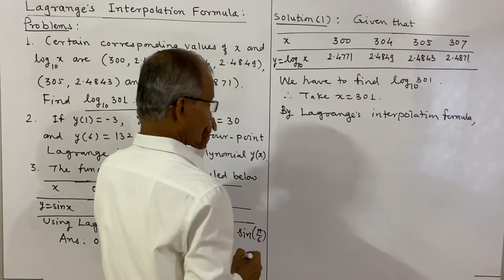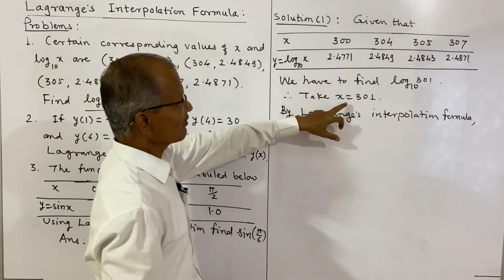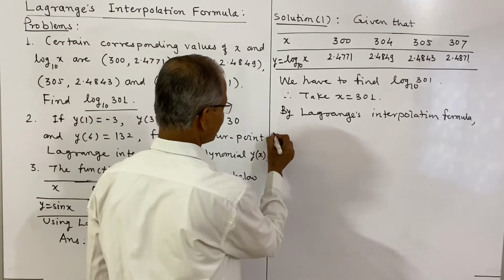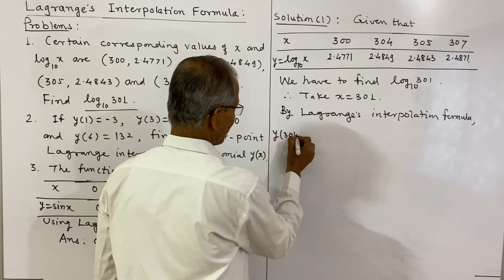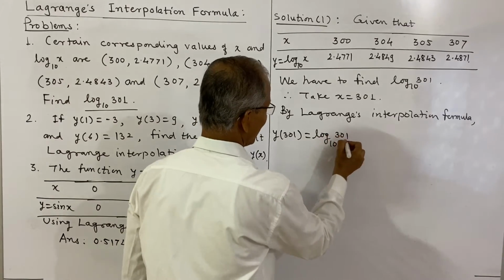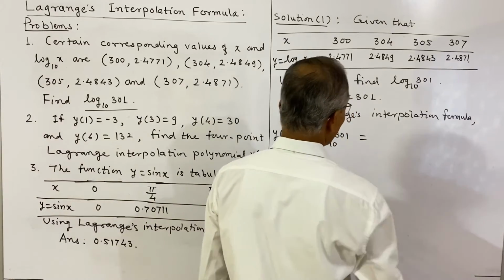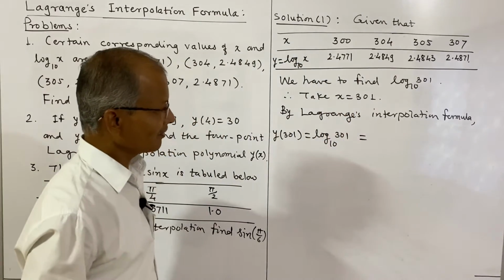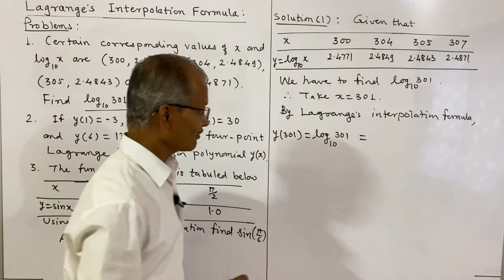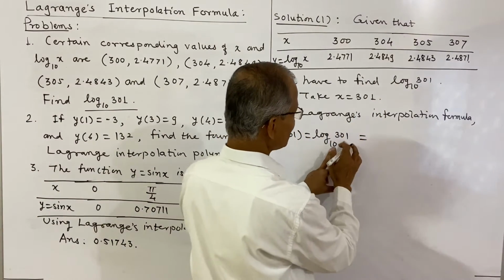So y of x, that means y of 301, or log of 301 at the base 10, is equal to the following. As we remember the formula, x means here 301.